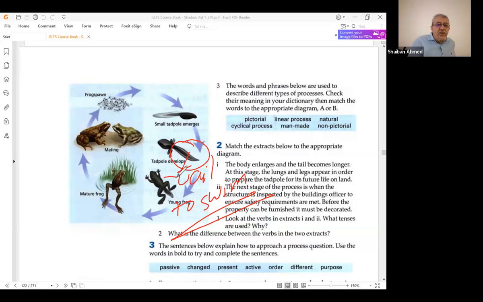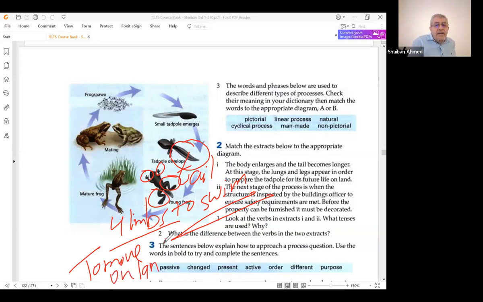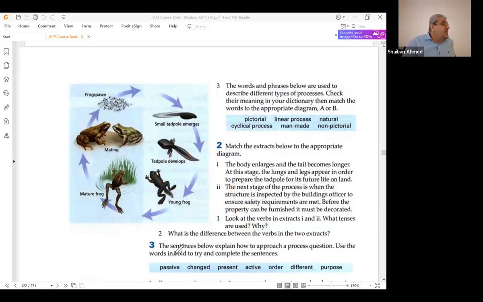Here the result of having the 4 limbs, we say in order to move on land.